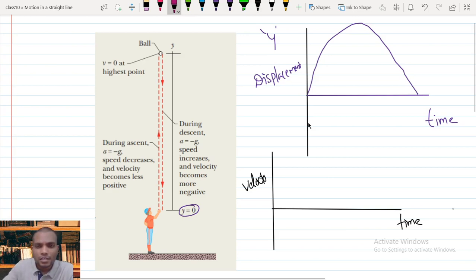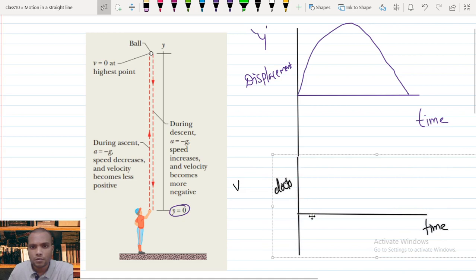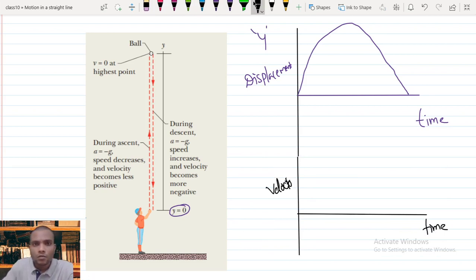Initially the object already has a velocity.